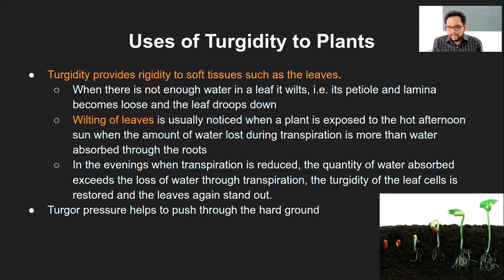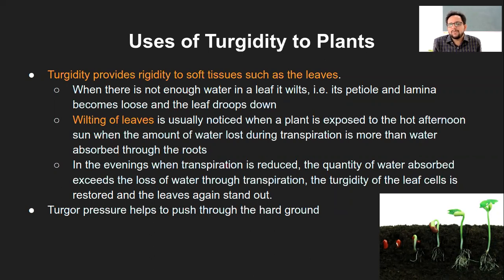You might have seen this phenomenon commonly in summer, especially in some trees having leaves which are just hanging onto the trees, and they are not in their normal position. So that is wilting of the leaves, which is usually noticed when a plant is exposed to the hot afternoon sun. Now what happens because of that?